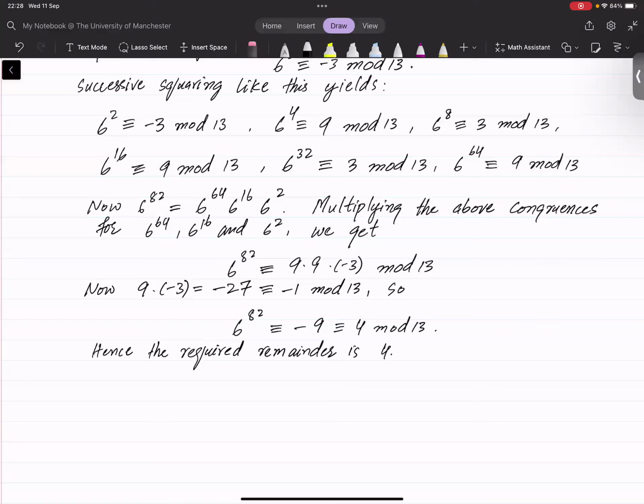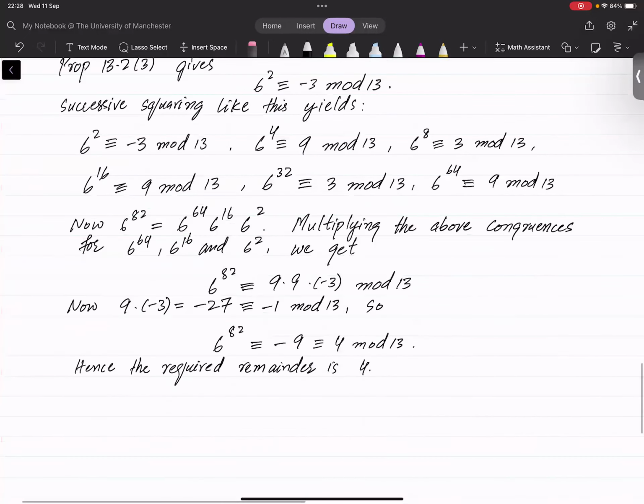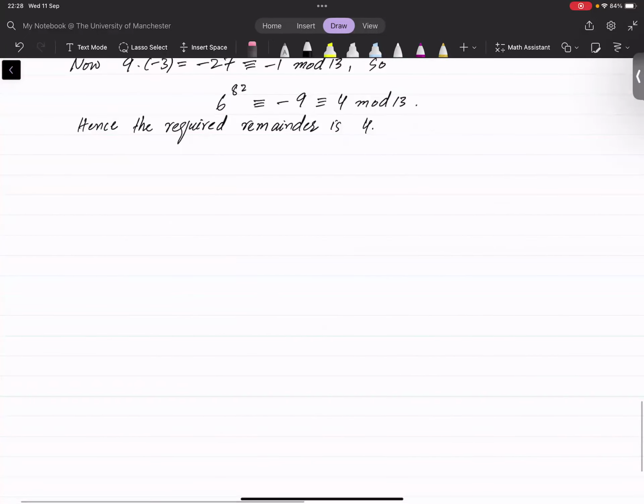Okay. Now, that is the way to do these things. So the method given in this example is called the method of successive squares.